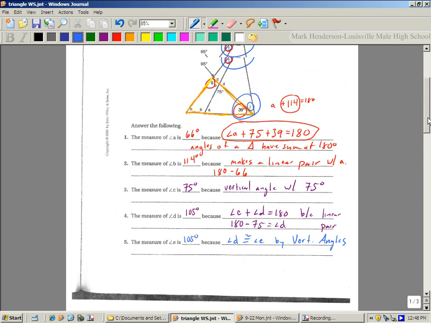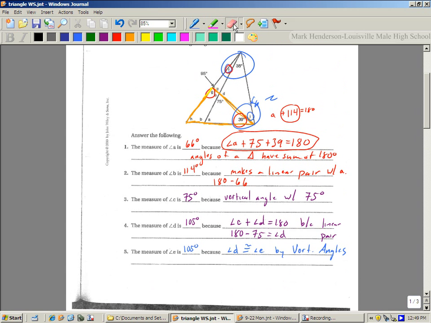All right, our last one is I. Let me clean this back up a little bit so we can actually read it. Okay, so I is in this triangle right here with 38, D, and I. So I'm just going to do my work up here. 38 plus D. D is 105.